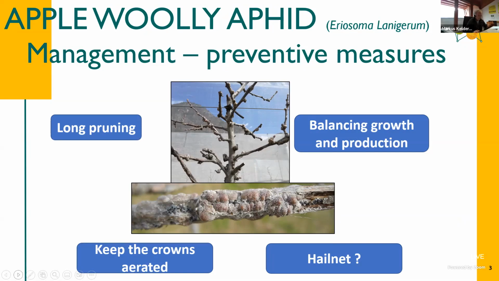I think what we have seen is there is a difference between the white nets and the black ones. Clear hail net is an important tool. So if you want to use a hail net, it's better to use white ones, as they are not so attractive for woolly aphids. Next one.